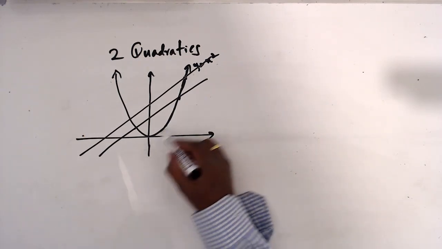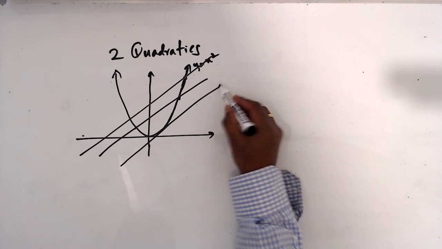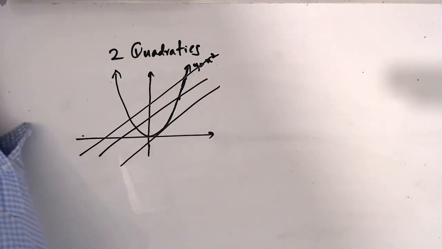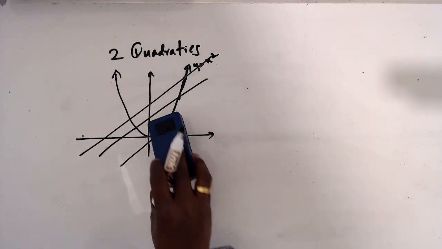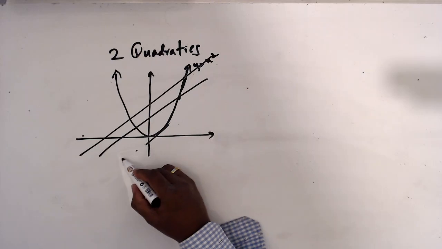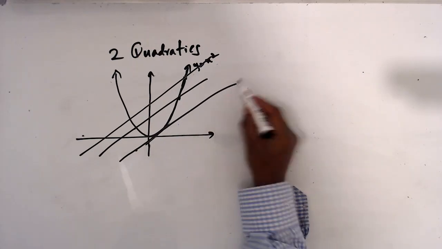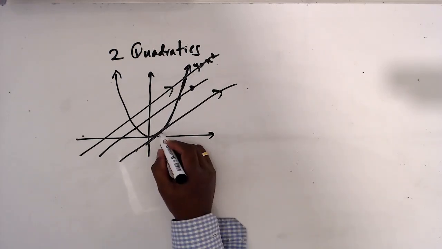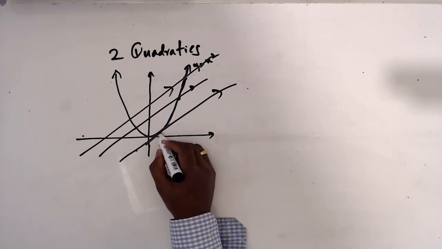What do you think about this one? All these lines are parallel. Now you can see this is a tangent line to this curve.